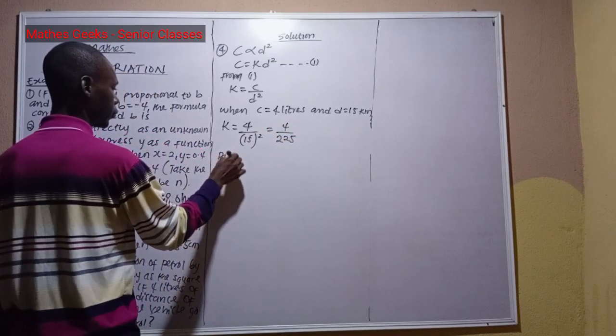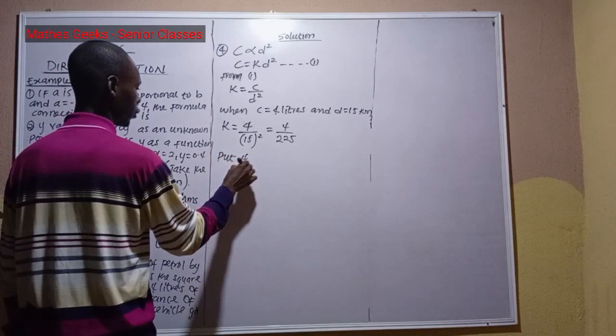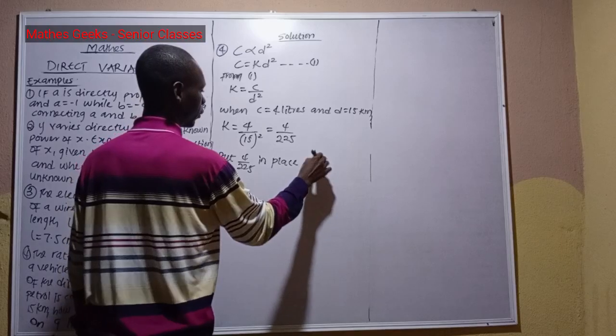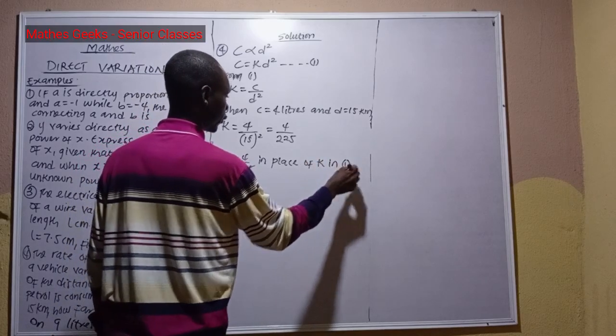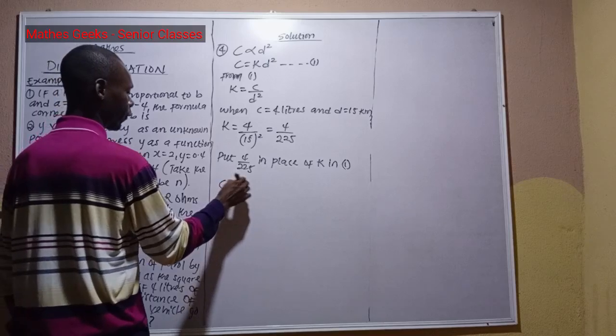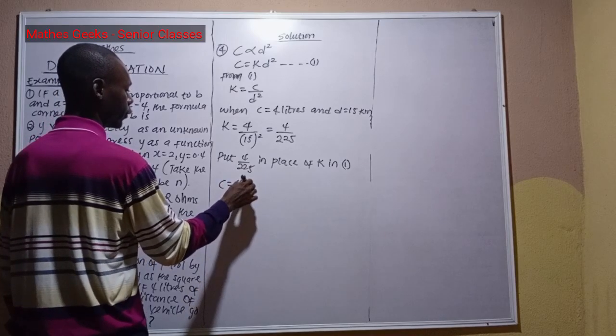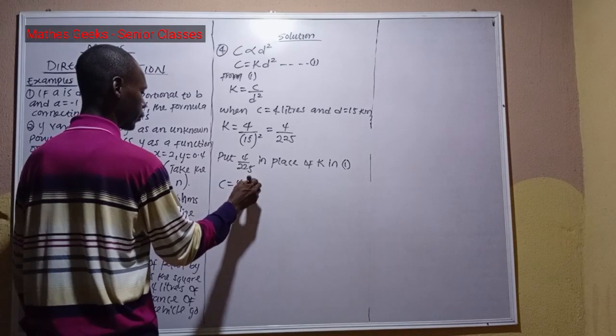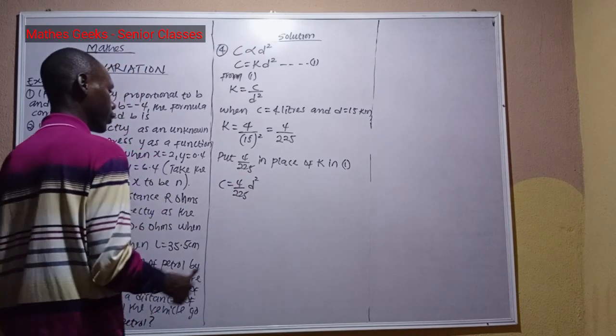So put 4 over 225 in place of k in equation 1. So C is equal to 4 over 225 D squared.